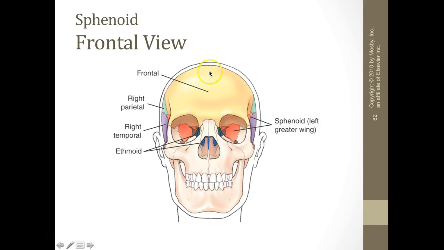All right, so here's your frontal view, the AP view of your frontal bone. You have your sphenoid here on the left, so that's your red. Your ethmoid is blue, purple is your temporal, green is your parietal.